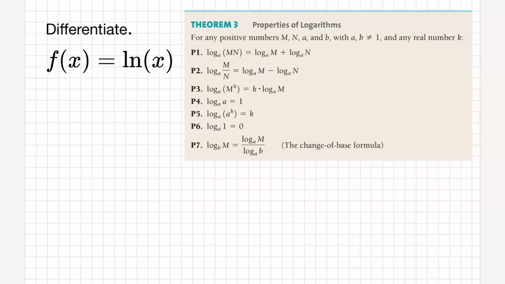Now, one of the things we talked about is the inverse properties of logarithms. So if I look at something like a to the log base a of m, that will equal m. Or you could have log base a of a to the m, that'll also equal m.